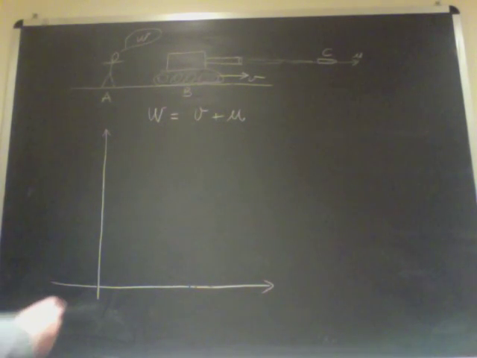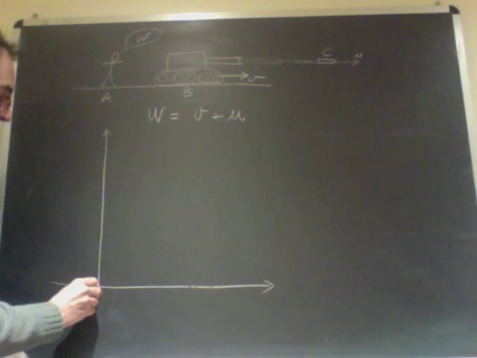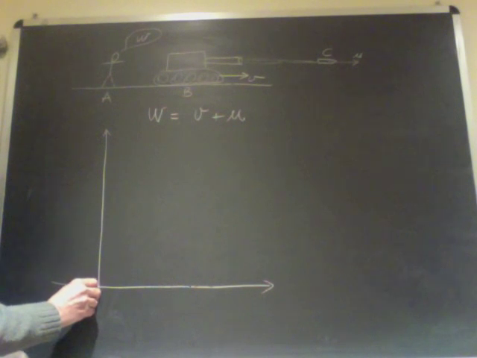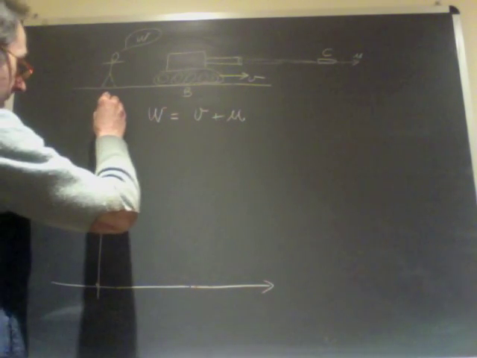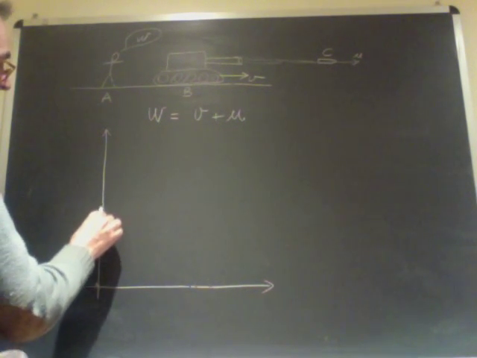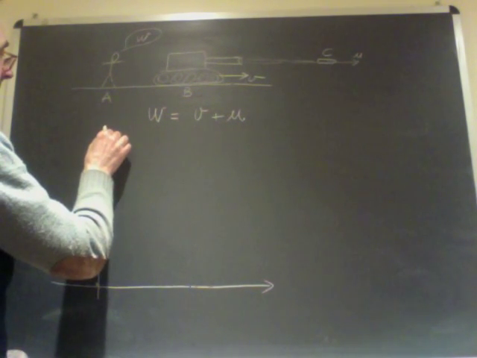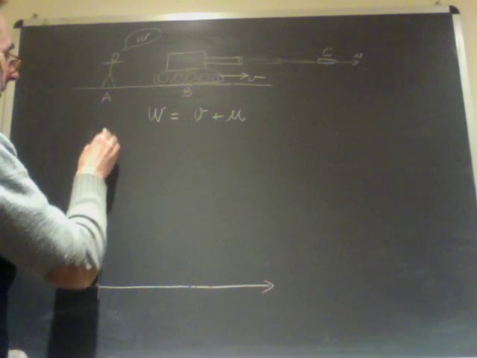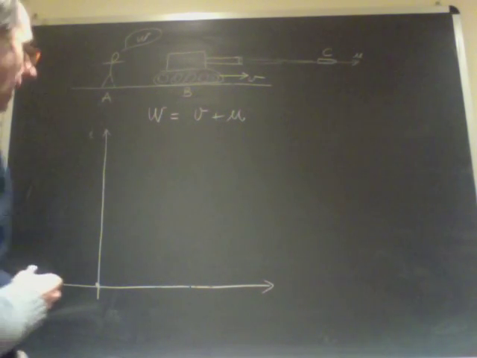We know that the world line of the man A is just the vertical T line.